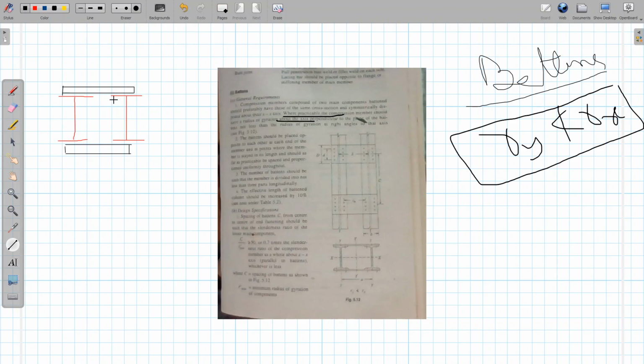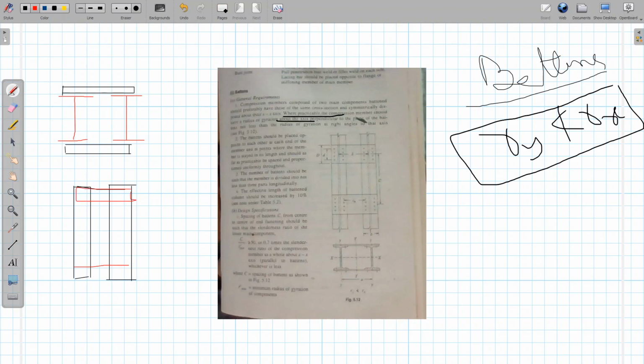The next guideline says that the number of battens should be such that the member is divided into not less than 3 parts longitudinally. So this is one column member, and on this side another member of the column, which should be equal. Then one batten is provided here, and at the end we have provided another batten.